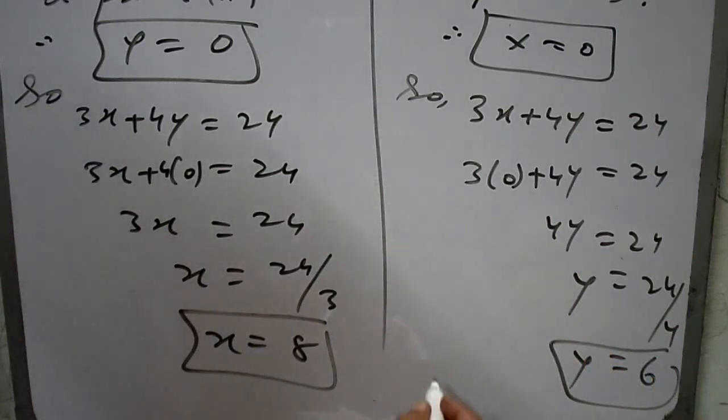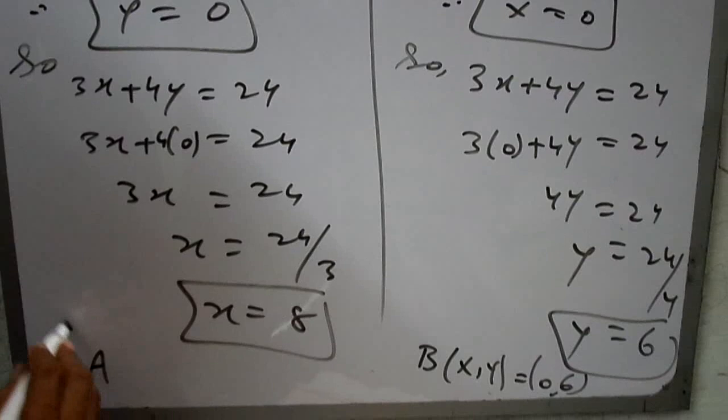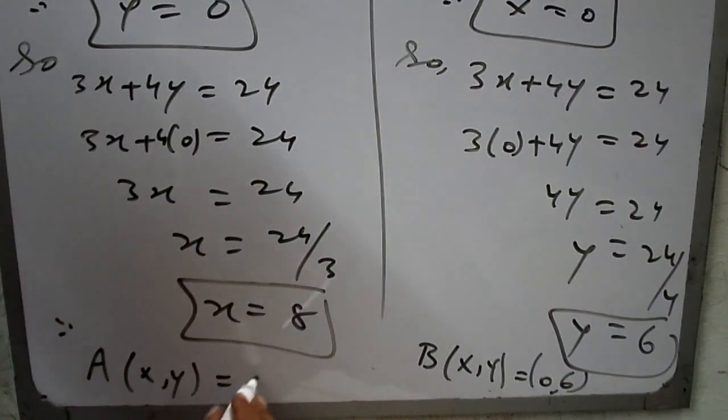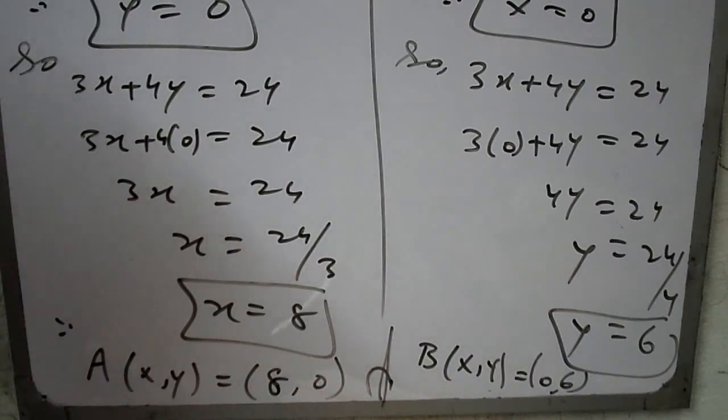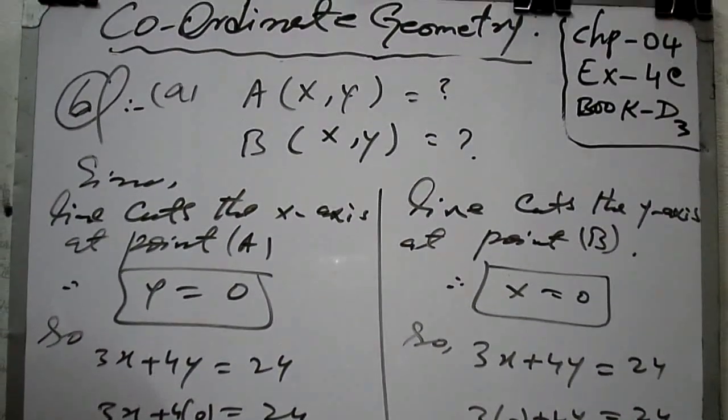So the coordinates of B will be x, y equal to 0, 6, and the coordinates of A are 8, 0. So these are the coordinates of A and B. So first part we have solved.